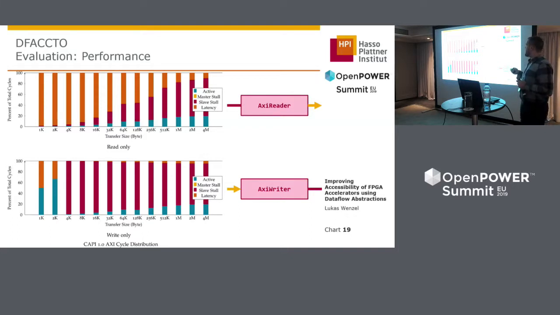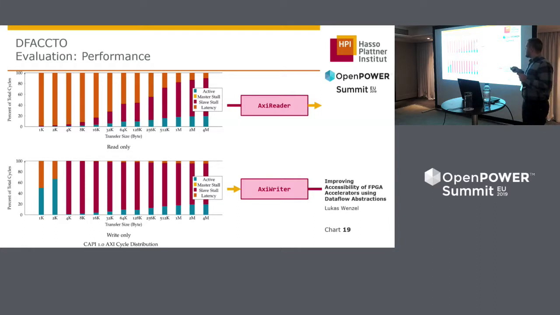There are latency cycles which are specific to the AXI interface, because this is the time from issuing an address request, a read or write request with an address, to the first time the data was accepted, or at least in the read case was presented on the corresponding channel. So this latency decreases with block size because we can better utilize the request pipelining options from the AXI interface. So this is also expected.